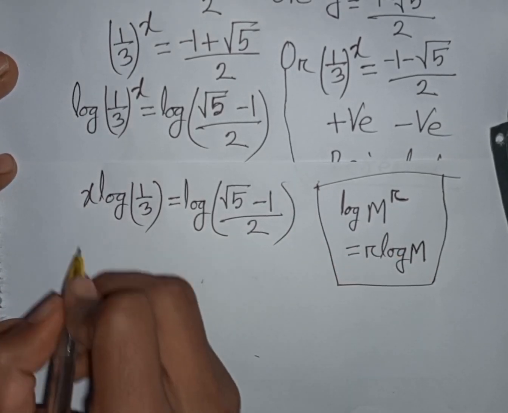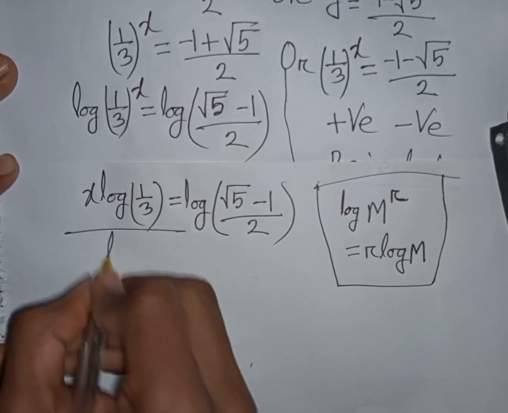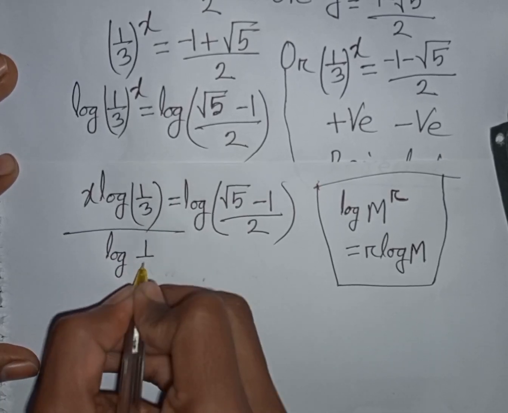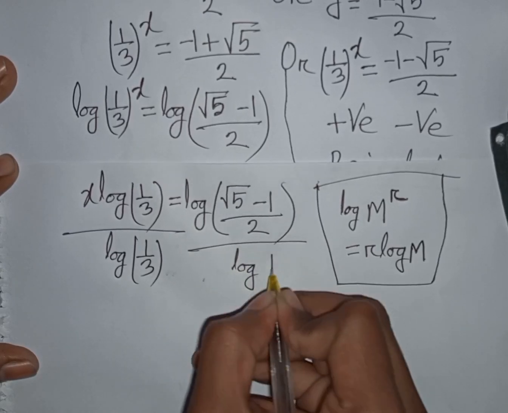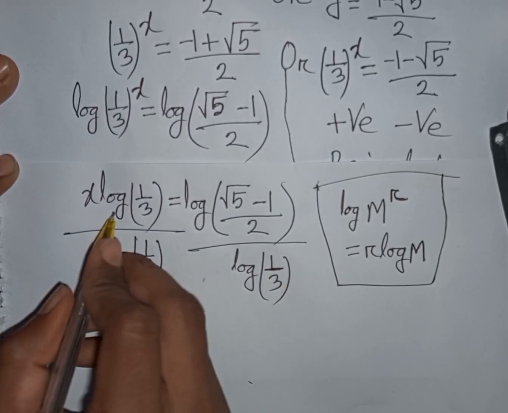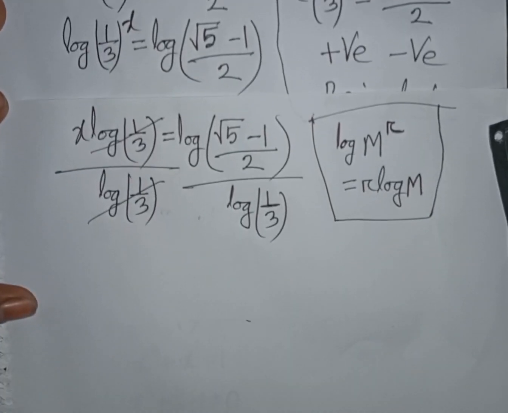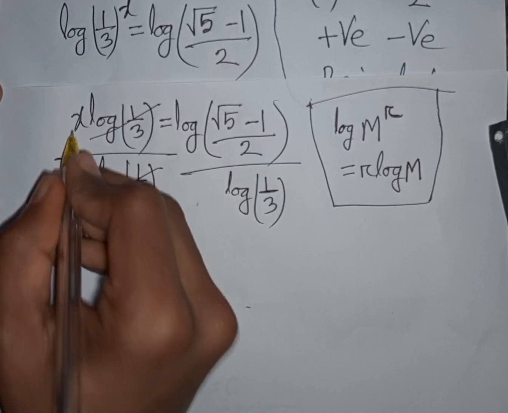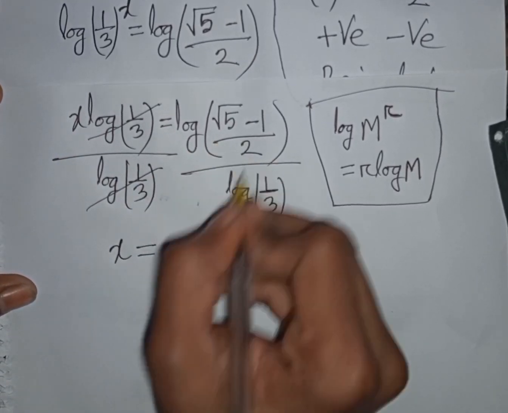Now we need the value of x, so we divide by log of 1 by 3 on both sides. Now we see this log of 1 by 3 will be cancelled. So here x will be equal to this divided by this.